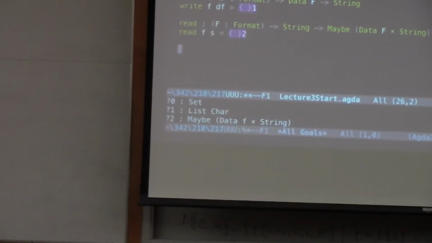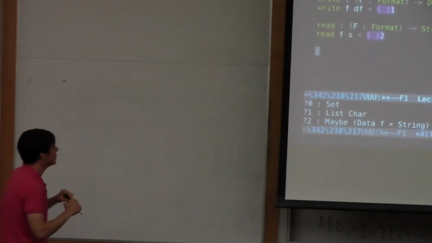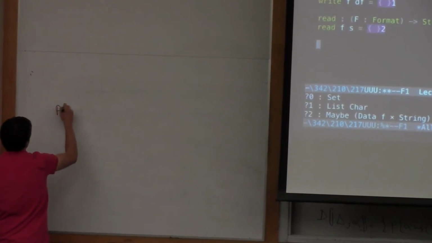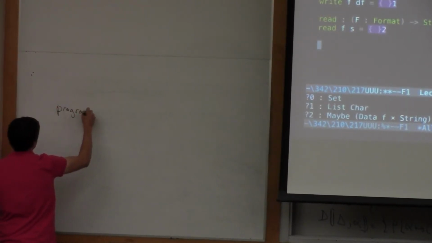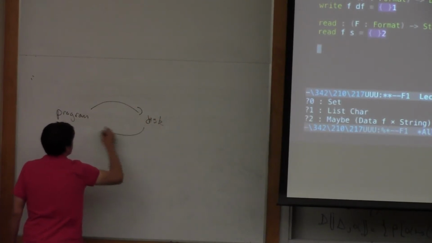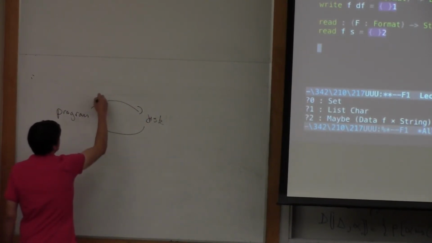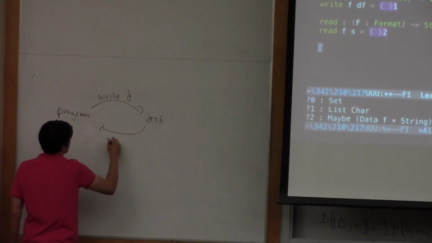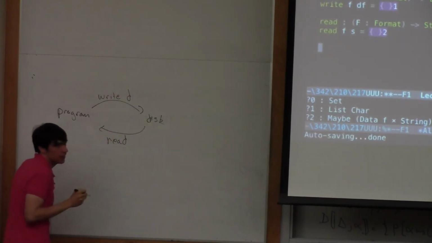Read of write of something. So let's say we start off in the program, we go out to disk, and we come back. That is, say we write something, and then we read it back in. OK. What do you want to know?